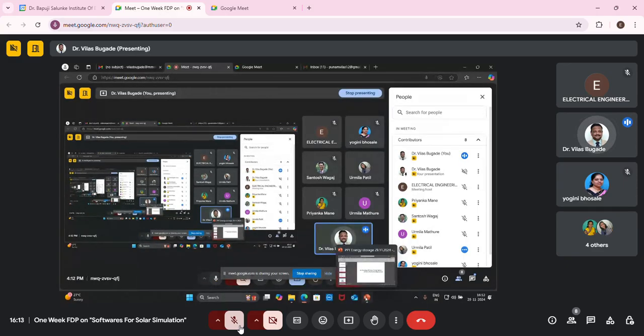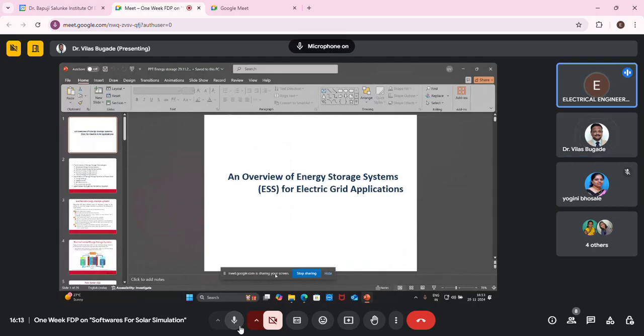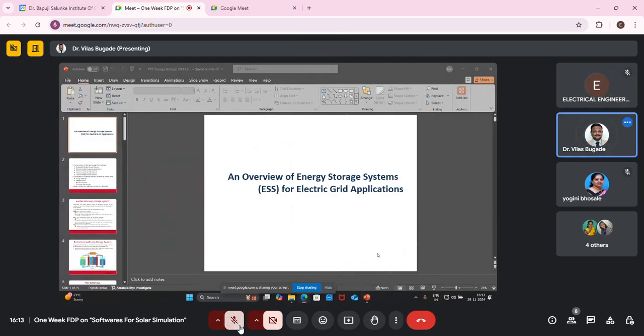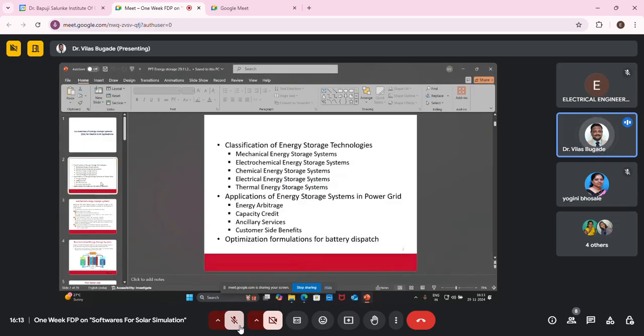Is my screen visible to all of you? Okay, I'm just going to take an overview of energy storage for electrical grid applications. We can talk a lot about energy storage, and it is also possible to make innovations and inventions in this field. When we talk about electrical energy storage, it is in the form of conversion of energy.